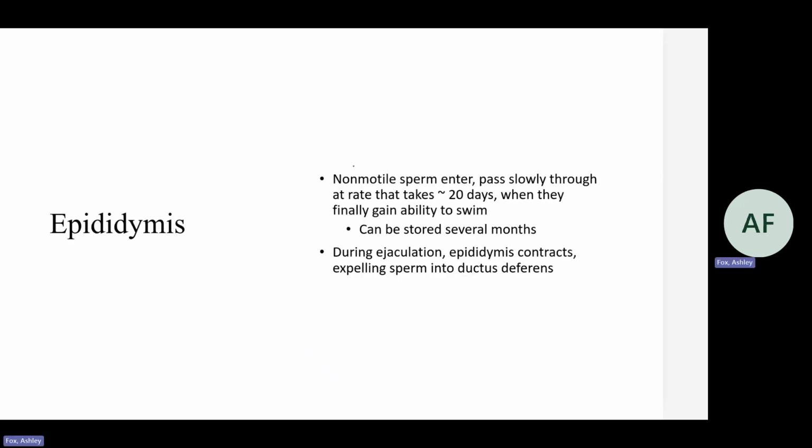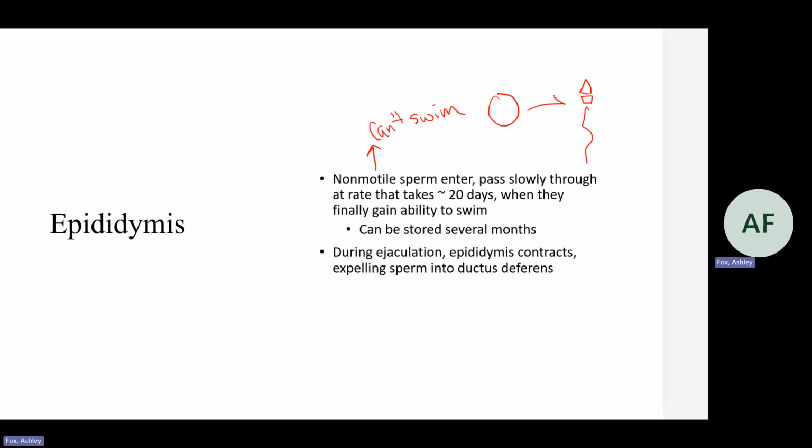Again, non-motile sperm, so ones that can't swim, are going to enter the epididymis. As they're traveling through the epididymis, they start to transition from, again, a cell to where they can actually swim.